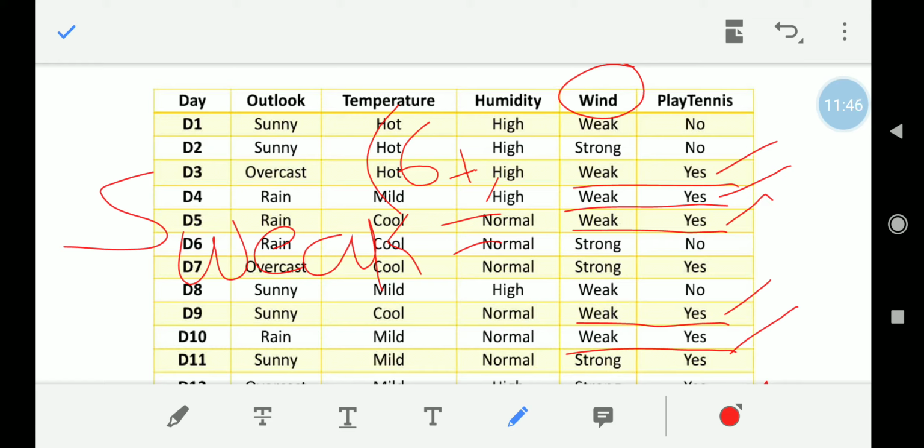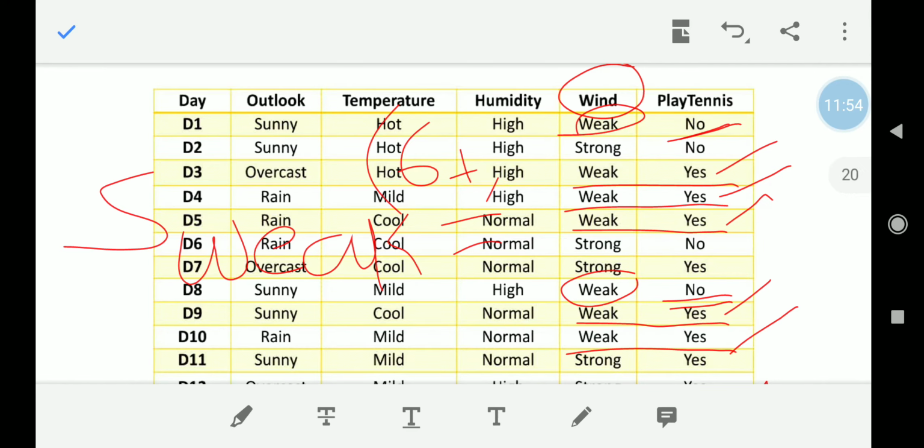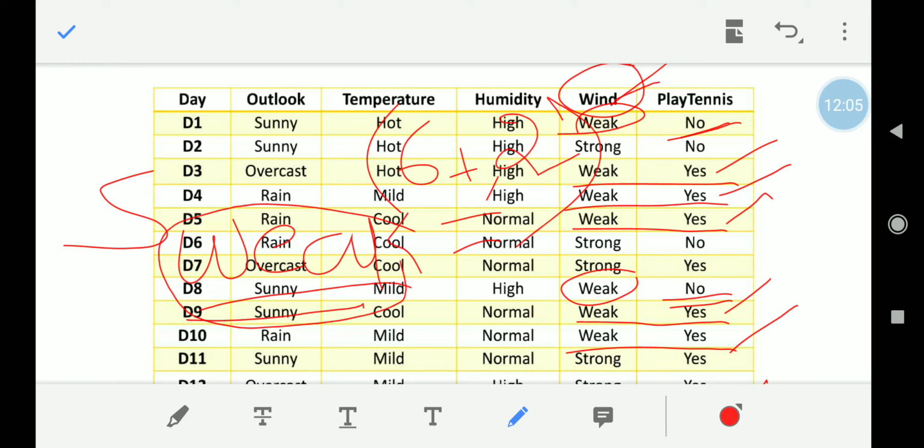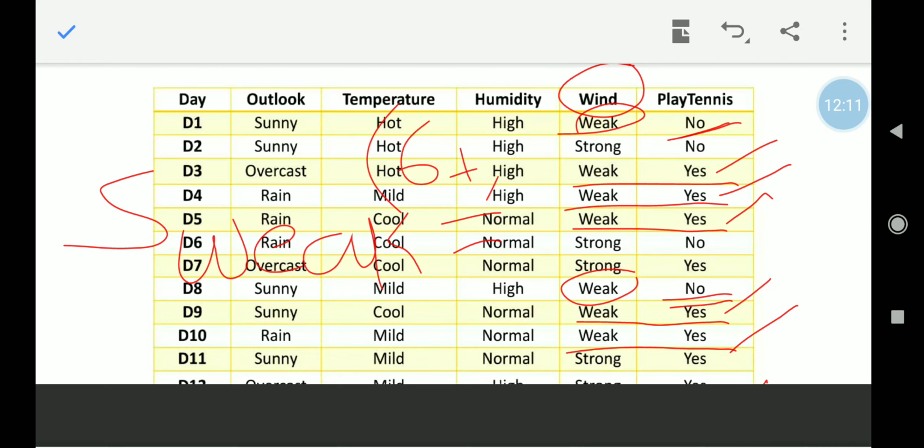How many no's are there for weak? Here it is weak and it is no, then here weak again no. So only 2, and I will write 2 minus. For the wind attribute, value weak: 6 plus and 2 minus. Like this we can calculate for strong also.